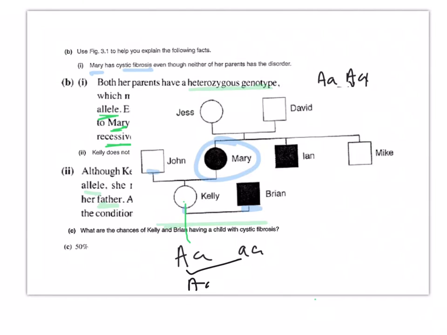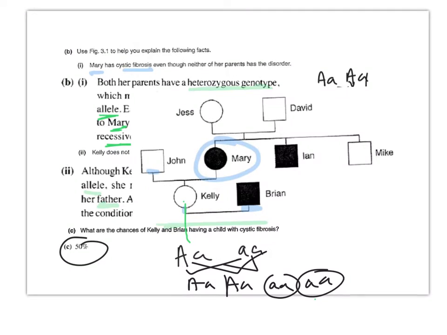Okay, big A. And you have 2 out of 4, which is half or 50% of their child having cystic fibrosis. And there we have the answer to this question.